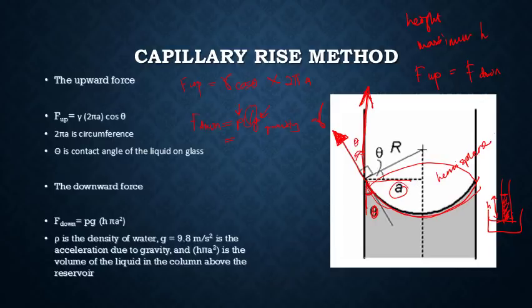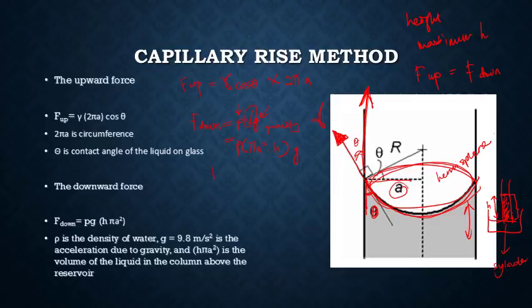From here to here is a cylinder, right? And what is the volume of a cylinder? The volume of a cylinder is the area of the circle times the height. What is the area of a circle? It is pi a squared, times the height h, and g.